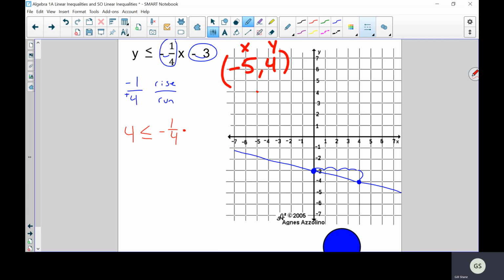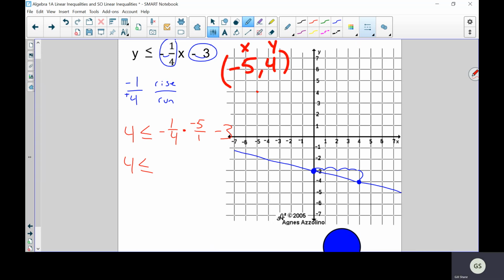So x is -5, I'm going to go ahead and change that into a fraction because we need a fraction times a fraction. We don't really need it, but it makes it easier to understand. And then subtract 3 is just the rest of the equation at the end. So 4 is always just going to be 4. There's no math to do on the left, so I'll just bring the 4 down. Now I can multiply and then subtract on the right.